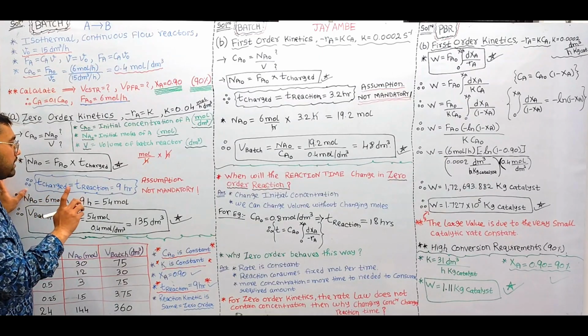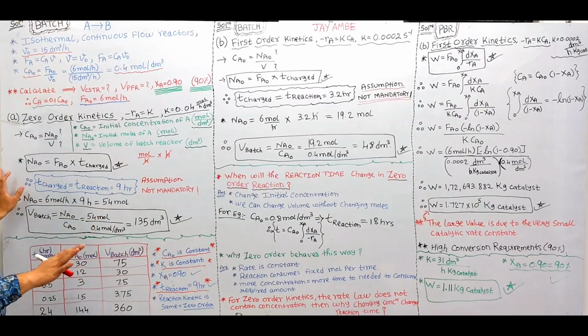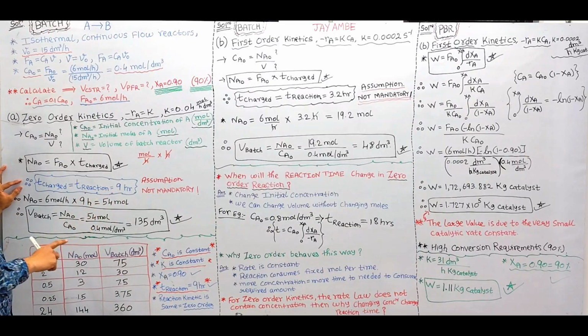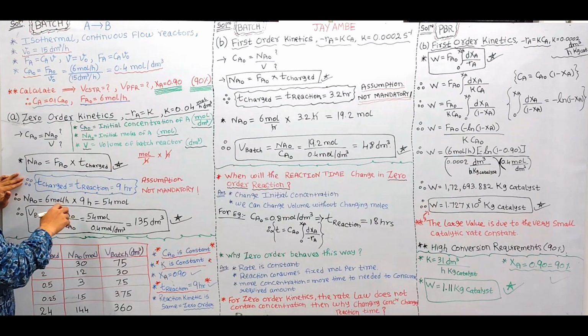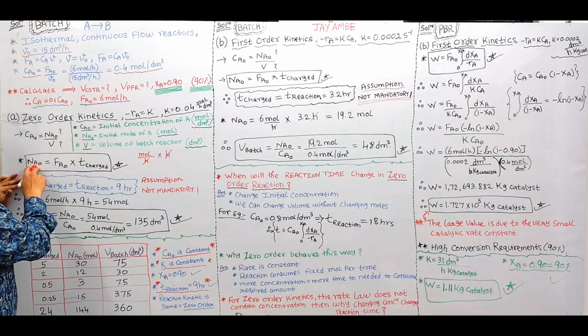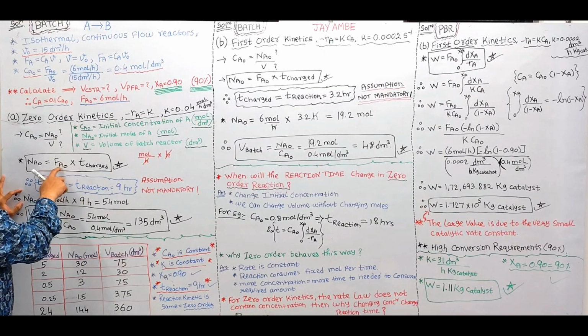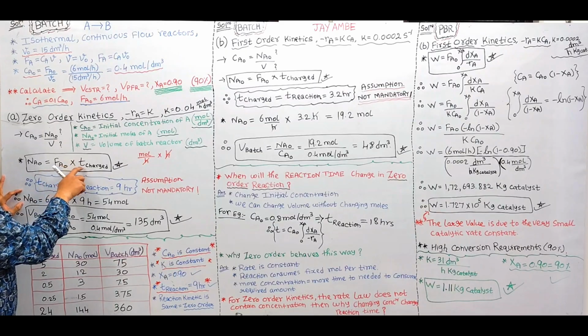So remember this. Currently, in order to understand, I am assuming the charge time is equivalent to the reaction time, which is 9 hours. Now we'll calculate the number of moles present in the volume of the batch reactor. The initial number of moles is the product of the molar flow rate and the charge time.